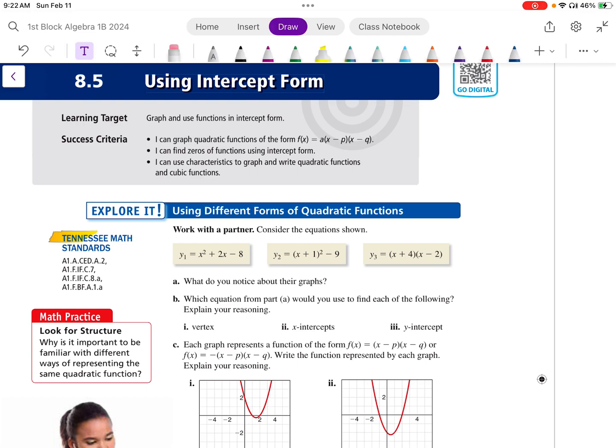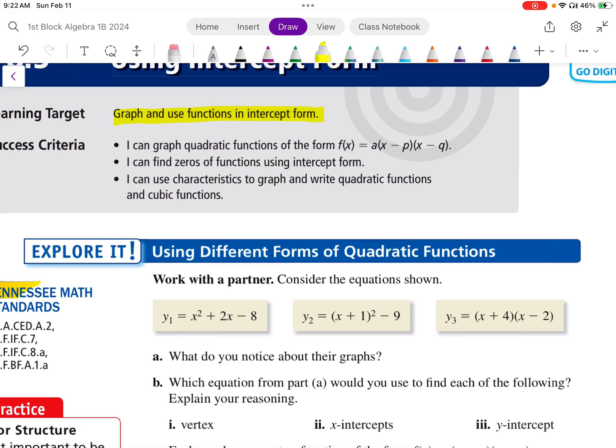So what is our learning target? To graph and use functions in intercept form. You'll be able to graph quadratic functions, and this is the form that is intercept form. You'll be able to find zeros of functions using intercept form.